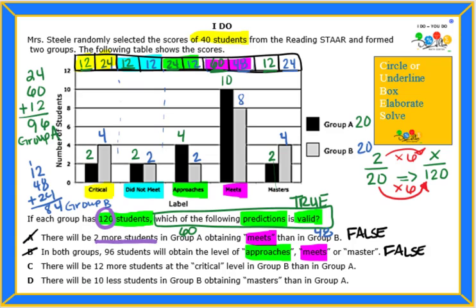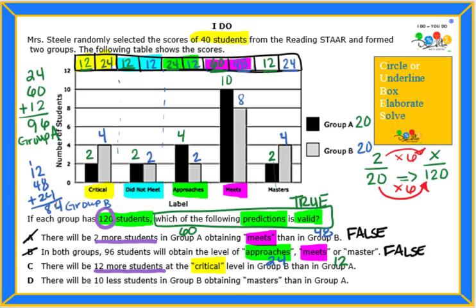Now let's look at statement C. There will be 12 more students at the critical level in group B than in group A. Critical was our yellow highlighted section right here. Group B in critical is 24. Group A in critical is 12.